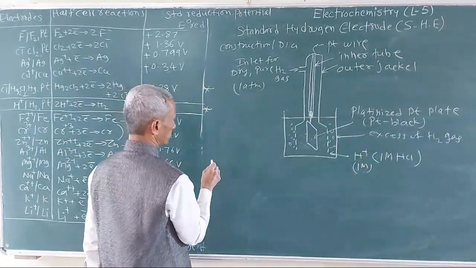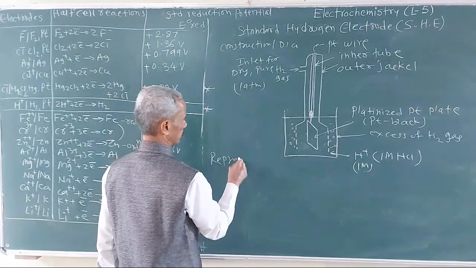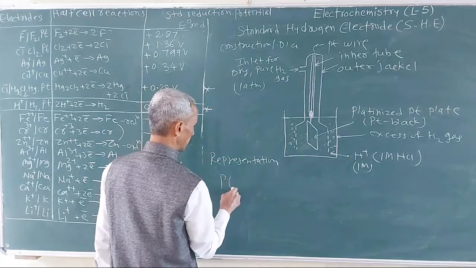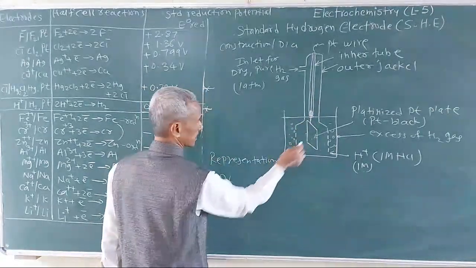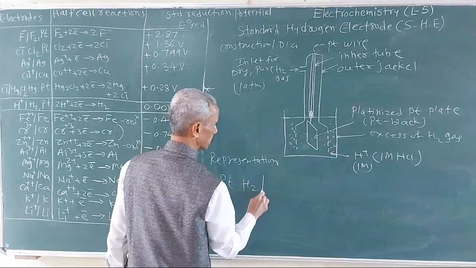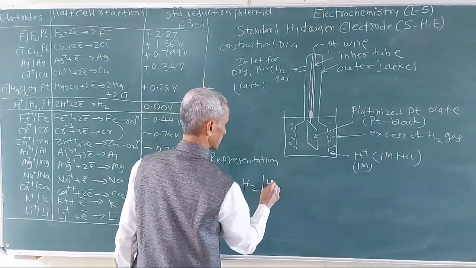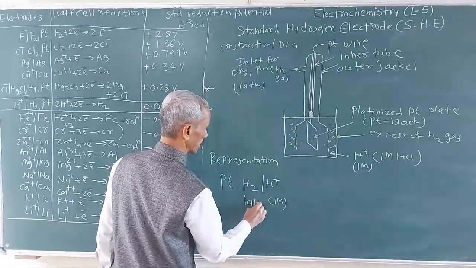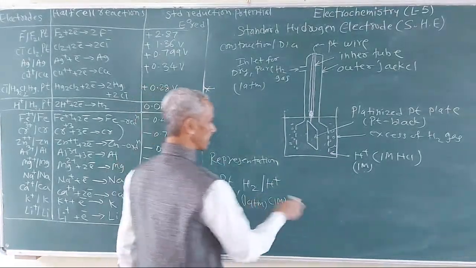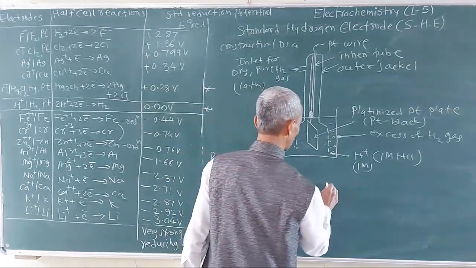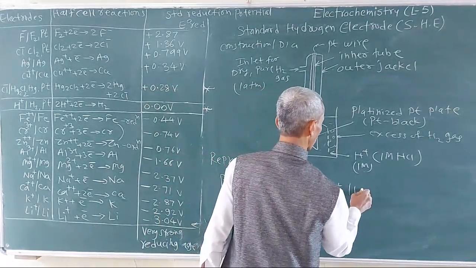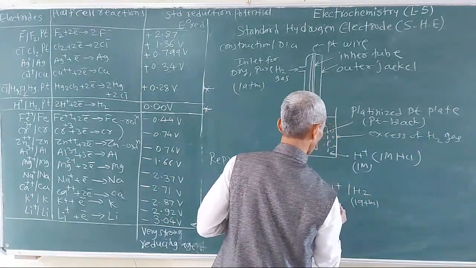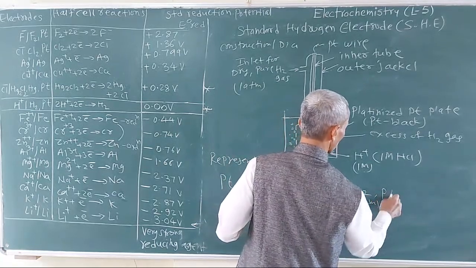Now, what is the representation of the electrode? Here the platinum wire is in contact with the hydrogen gas, and further in contact with the electrolyte solution. This is always taken as one molar, and the hydrogen gas is 1 atmosphere. It can also be written as H plus 1 molar, H2 gas at 1 atmosphere, and further in contact with the platinum.